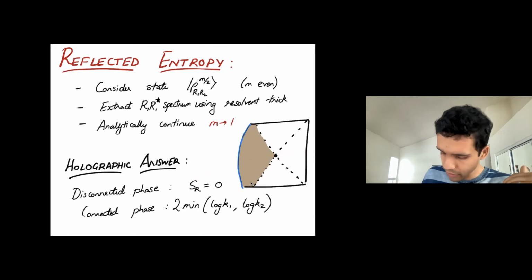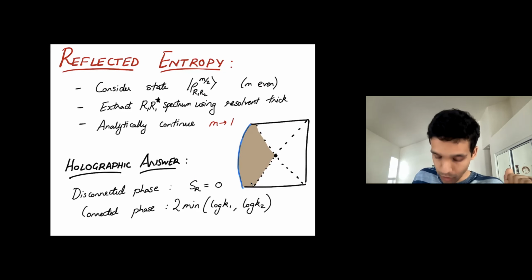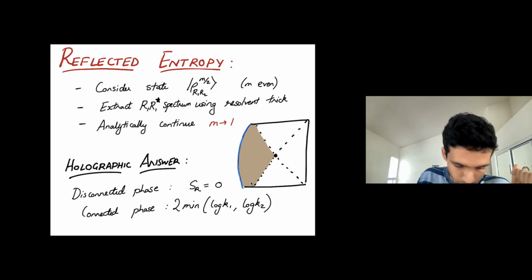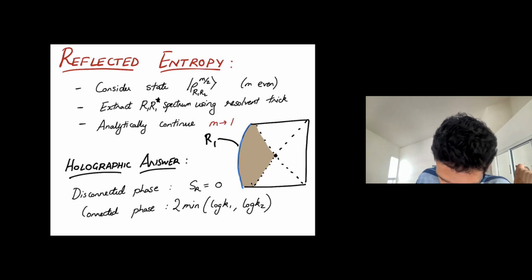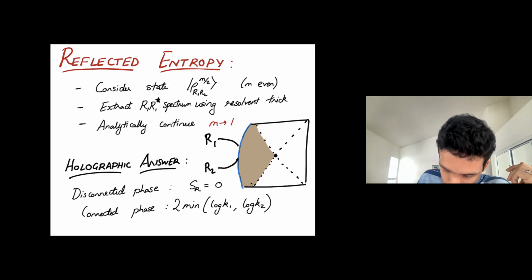Whereas in the connected phase, the radiation has an island. So the interior region here is part of the entanglement wedge of R1 R2, and now there's a non-trivial geometric connection between them. One can think of these being coupled to R1 R2. There's some entanglement between the branes and R1 and R2.